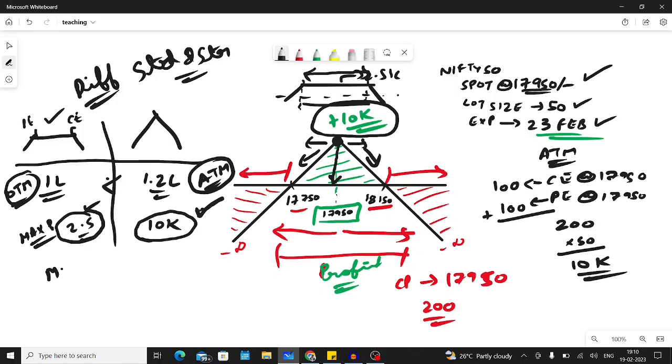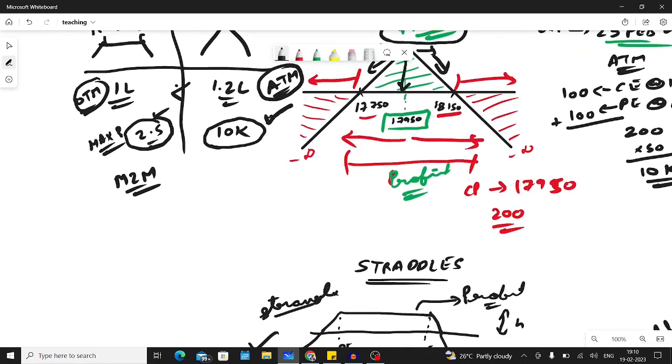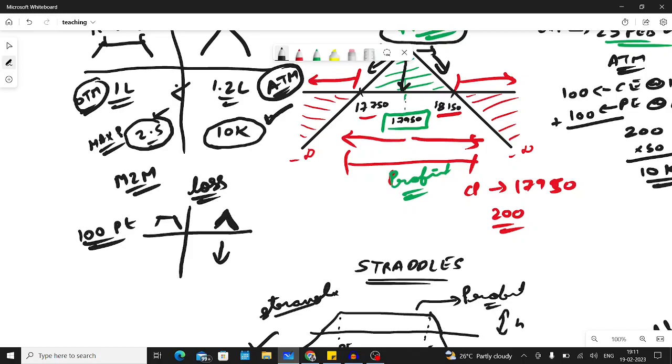Now let's look at M2M losses. So let's say there is a 100-point move on a particular day. So what will happen is we will have a loss on both the strangle and the straddle, but the loss on the straddle will be less compared to the loss which we will have in a strangle. Why?